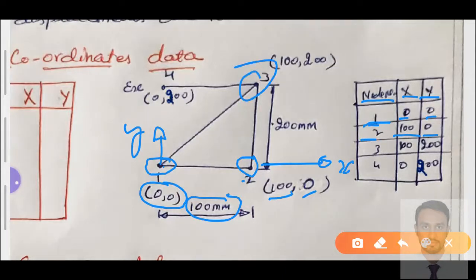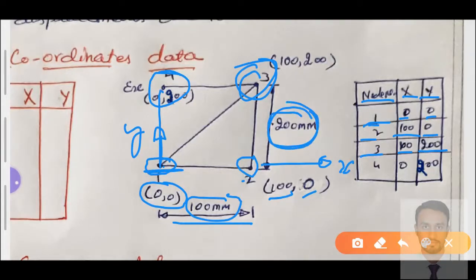Node number 3 is 100 mm away along the x axis and 200 mm along the y axis, so its x value is 100 and y value is 200. Node number 4 is shifted with respect to the origin along the y direction by 200 mm, and along the x axis it is 0. So the x value is 0 and the y value is 200 for node number 4.